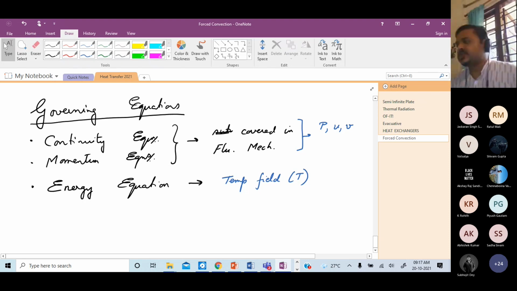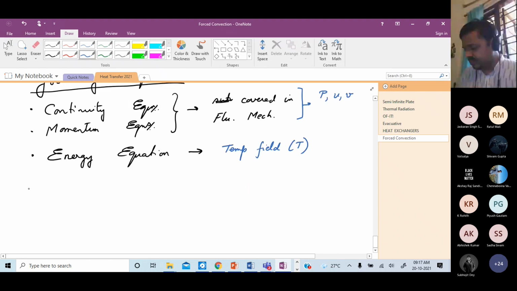So let us move here. For the energy equation, we are not going to derive it here.